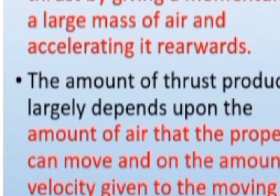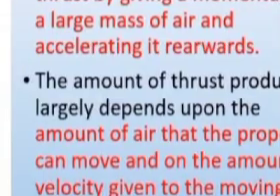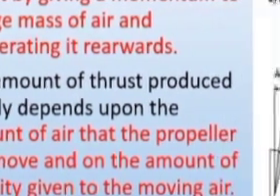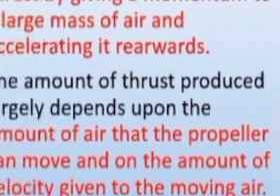That will also move the aircraft in a forward direction. So air moves rearwards, thrust moves rearwards, and then the aircraft moves forward. It can be in the opposite direction as well, when the thrust is at the forward section and the aircraft goes into reverse.